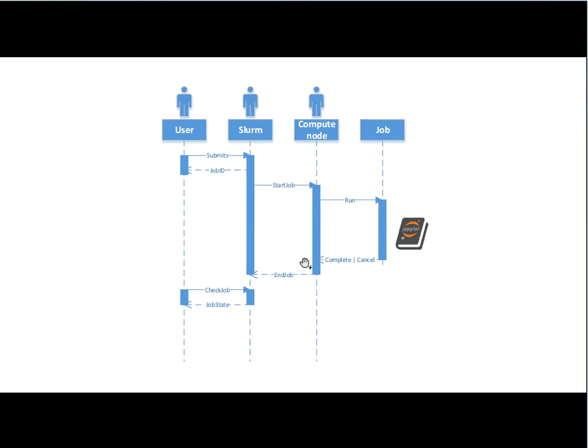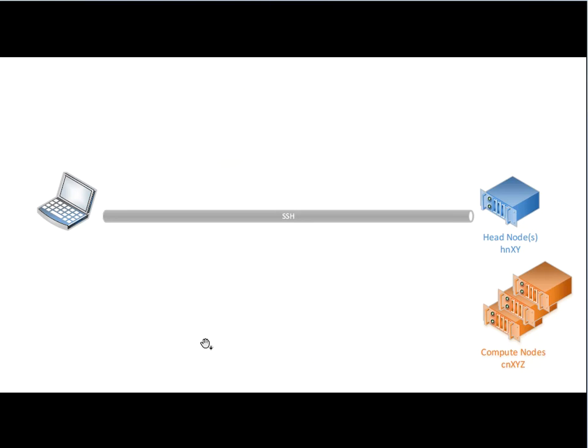This is pretty much what's going to happen every time for a job that you start. At any given time, you can query the scheduler for information about the queue, wait time, and things like that. You can inspect that at your leisure.